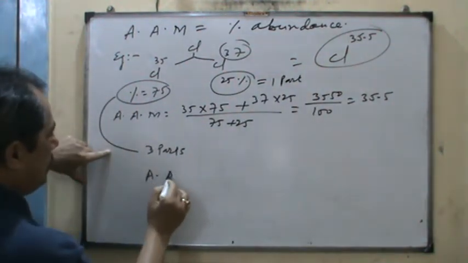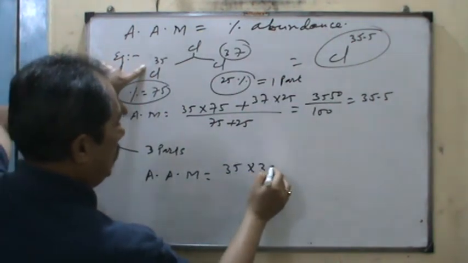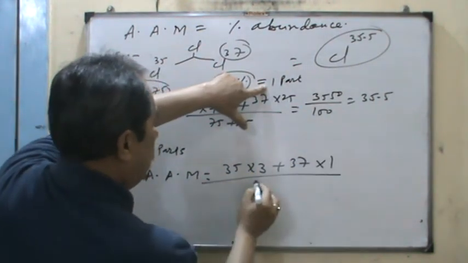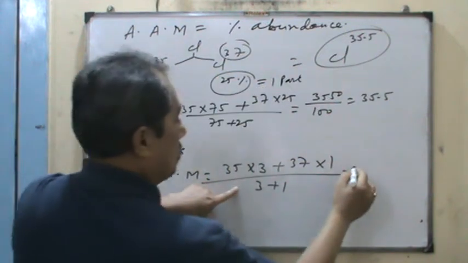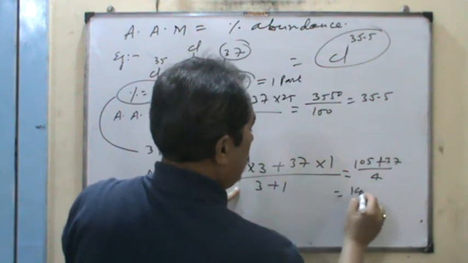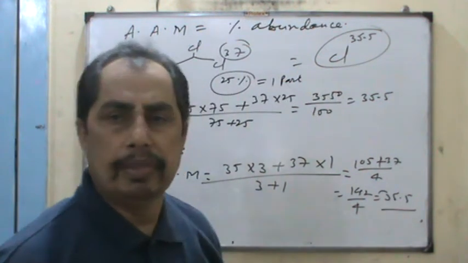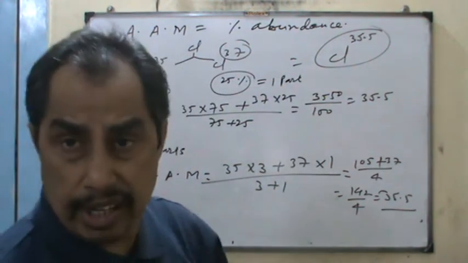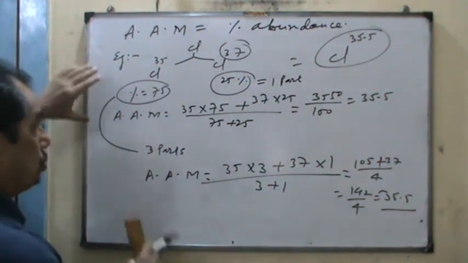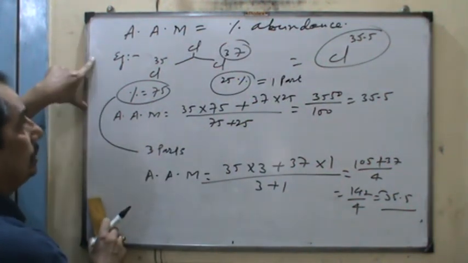So average atomic mass equal to 35 into 3 plus 37 into 1, divided by 3 plus 1. This is the 105 plus 37 divided by 4, 142 by 4, 35.5 is the answer. But if percentage given, then you can take the proper factor in the proper ratios, whatever given, the way you can calculate average atomic mass.